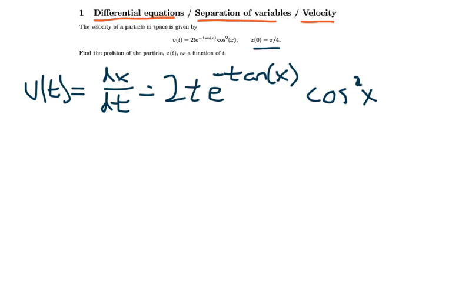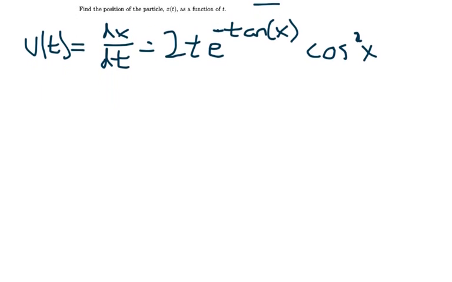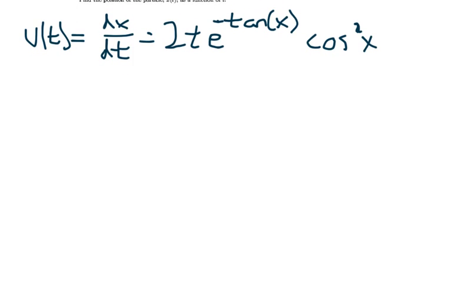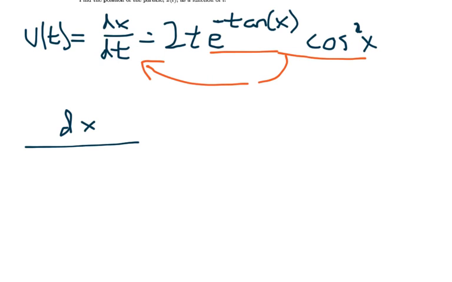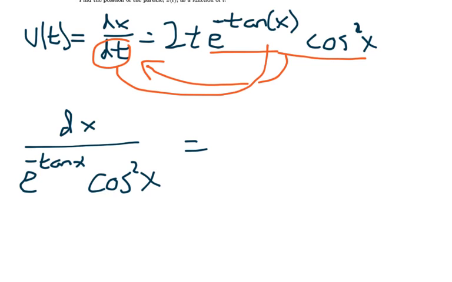So for now, let's look at this. And we're going to want to use separation of variables. It's the only way we know how to solve this. So the way we do separation of variables is we want all of the x's on one side and all of the t's on the other. So I'm going to write dx over, and I'm going to divide over all of this stuff. So it's dx over e to the minus tangent x cosine squared x is equal to, now I'm going to get this guy and multiply it over.